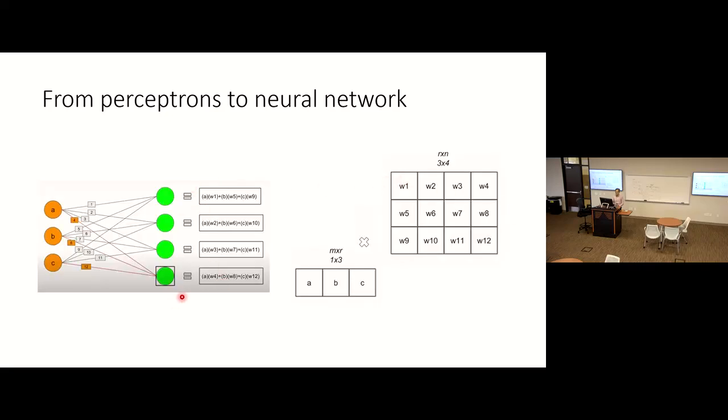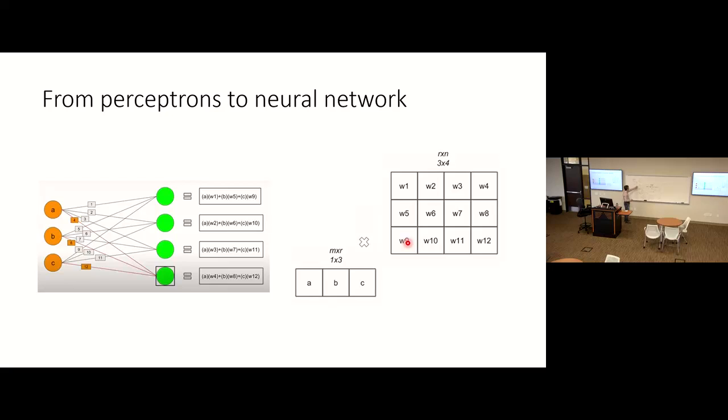So this operation is a vector multiplied by a matrix.